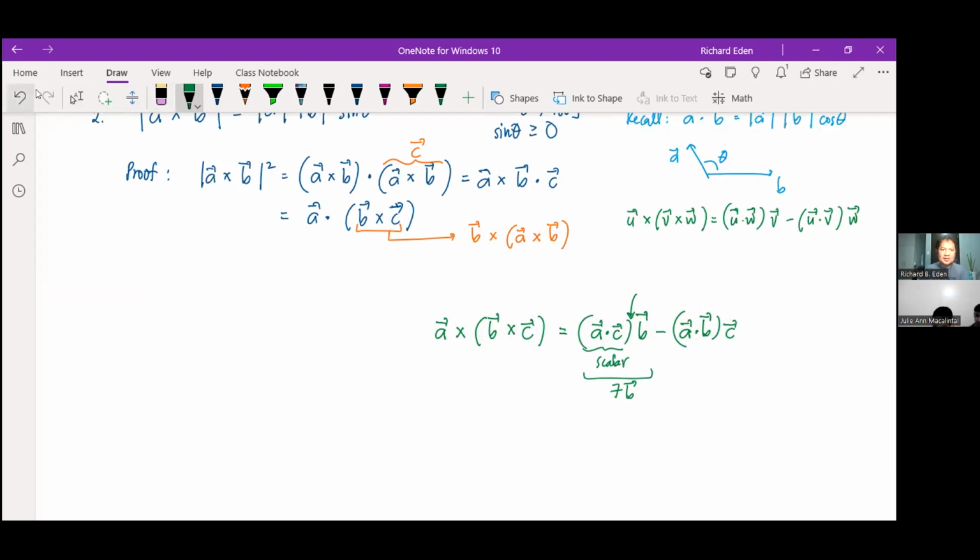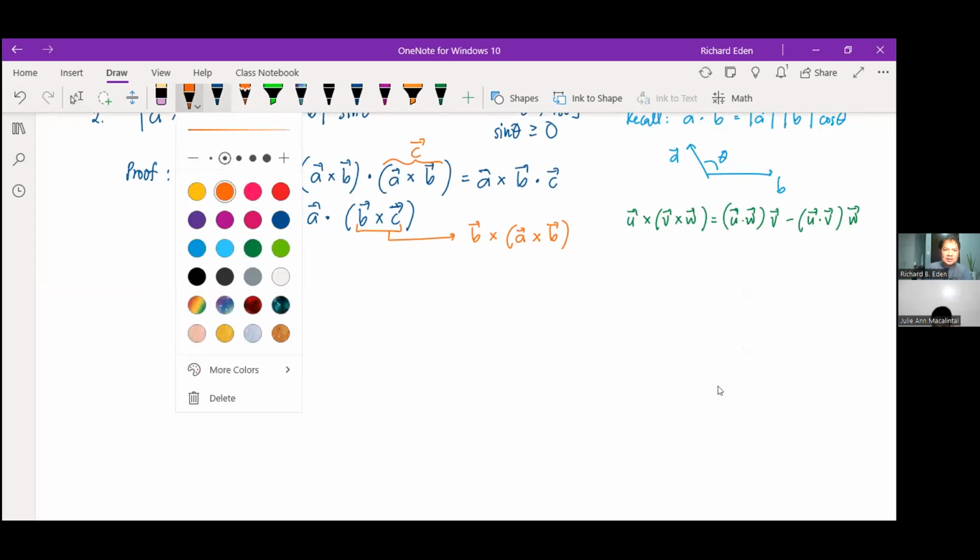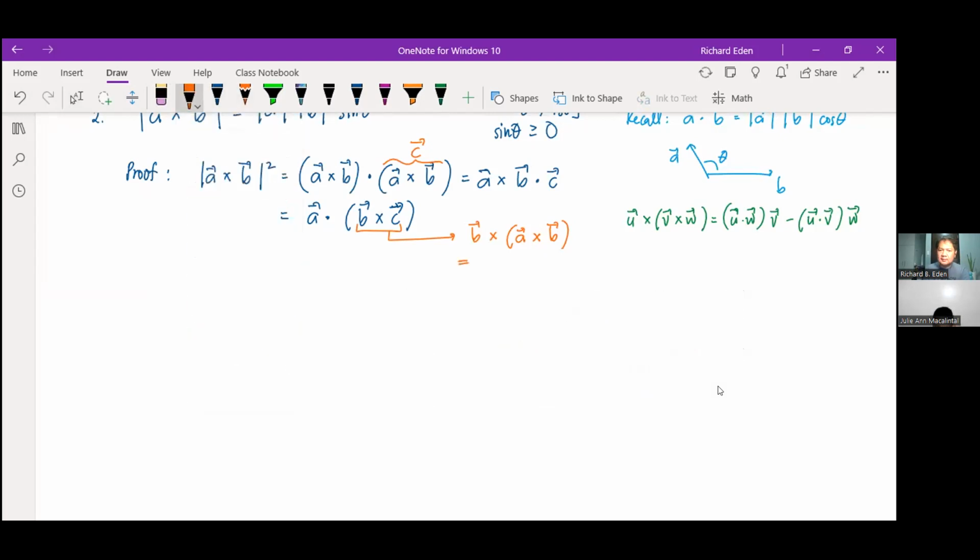Okay, so let's continue to the orange computation. So this is now going to be B dot B times A minus B dot A or A dot B, multiplied to B. Ayun. So now, ibalik na natin siya.